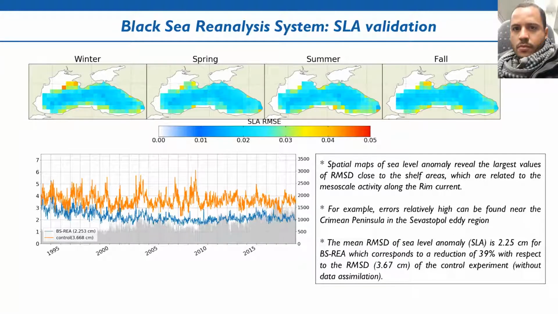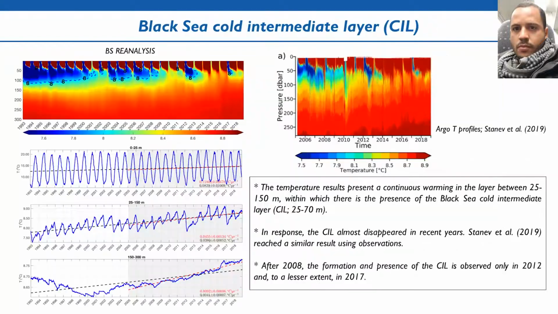For instance, at the top, spatial maps reveal the largest values of root mean square deviation closer to shelf areas, which are related to the mesoscale activity along the Rim Current. Now, time series of temperature present a continuous warming in the layer between 25 and 150 meters.